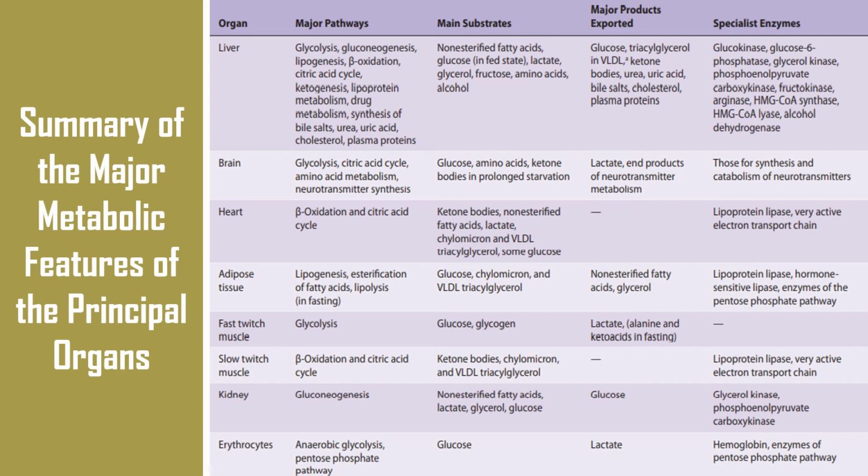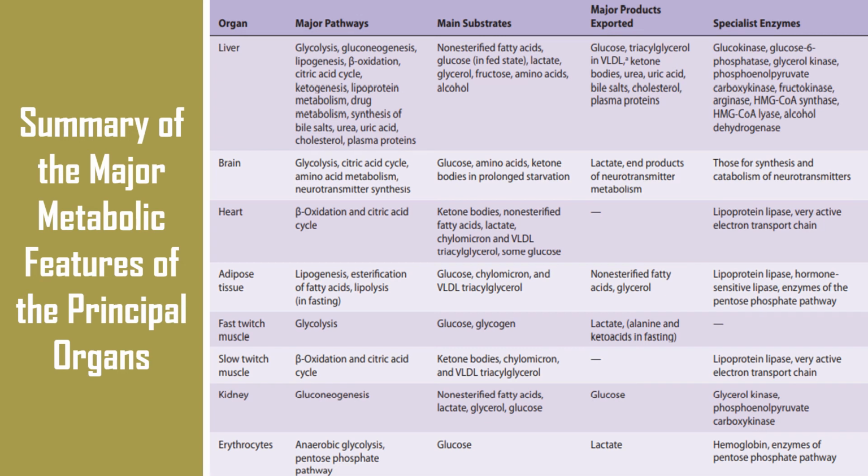Next is the brain. Major pathways for the brain are glycolysis, citric acid cycle, amino acid metabolism, and neurotransmitter synthesis. Main substrates are glucose, amino acid, and ketone bodies in prolonged starvation. Major products exported by the brain are lactate and end products of neurotransmitter metabolism.